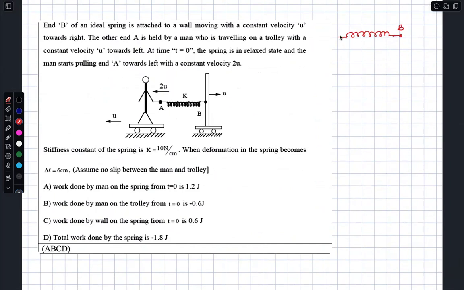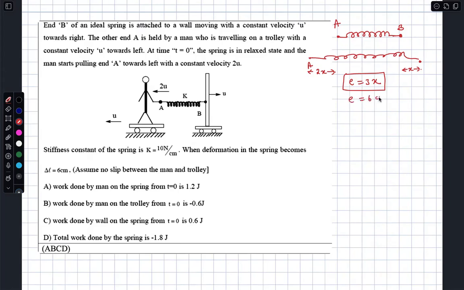The right end is B, the left end is A. Since this end moves at speed 2u, this end moves at speed u. Suppose the displacement of B is x, then the displacement of A will be 2x, which clearly implies the elongation is 3x.